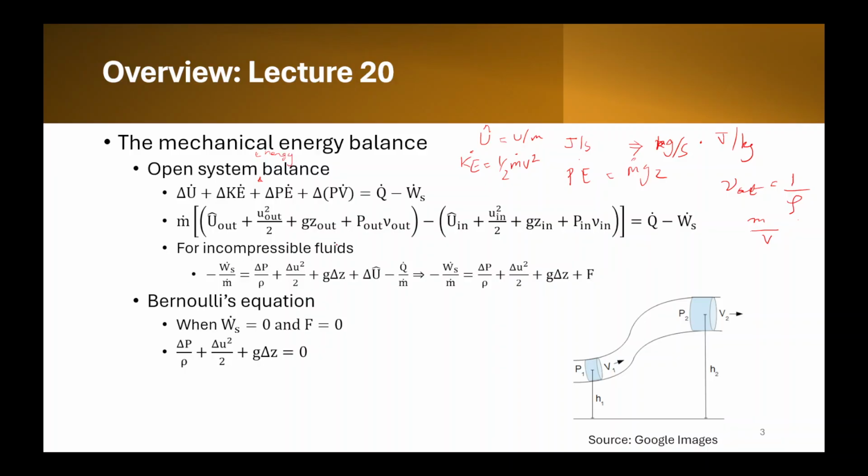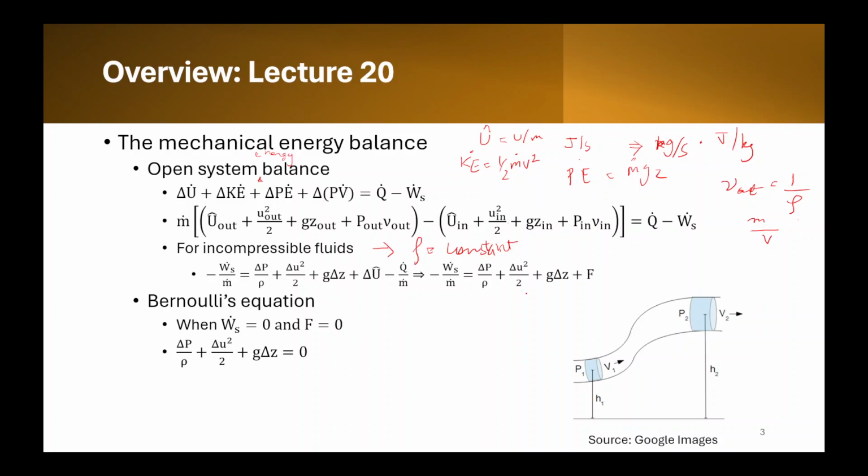For incompressible fluids, however, you can write this as delta P by rho plus delta U square by 2 plus g delta Z plus delta U hat minus Q by delta m. You rearrange these terms, where for incompressible fluids rho is constant, and that is how you get this relation.